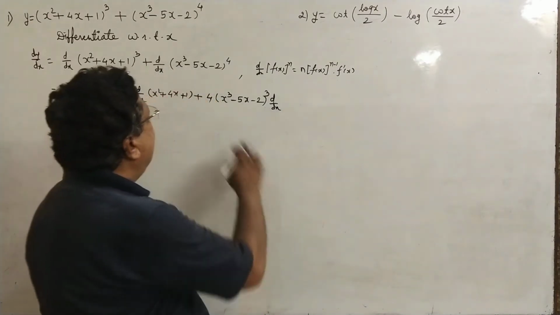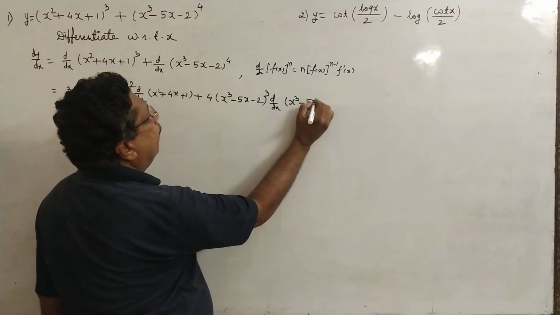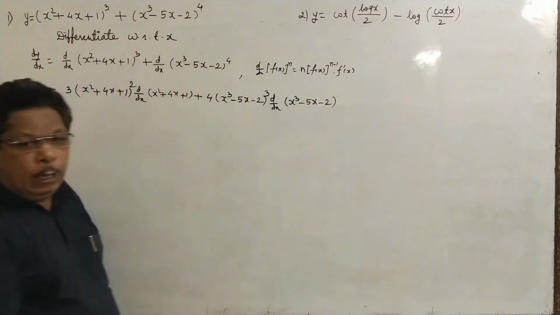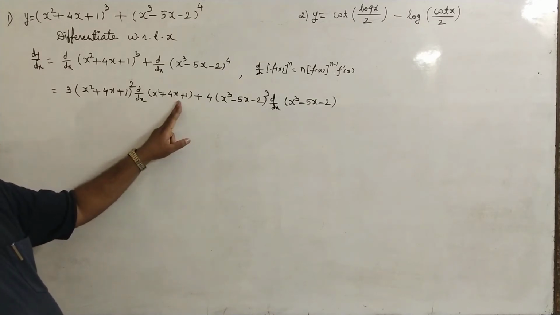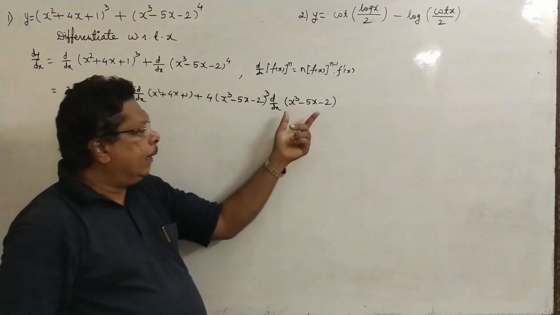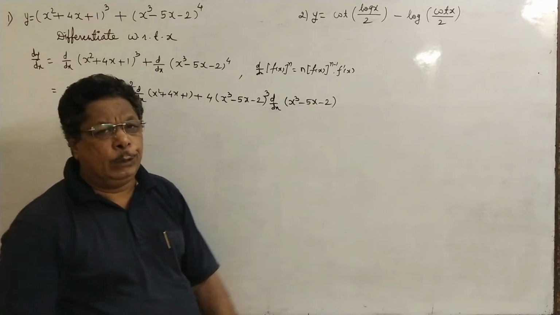What is f(x) here? f(x) is equal to x cube minus 5x minus 2. Now here we have to take the derivative of x square plus 4x plus 1. Similarly, in the second term we have to take the derivative of x cube minus 5x minus 2.